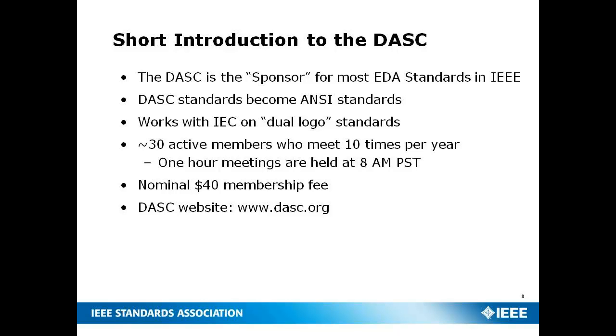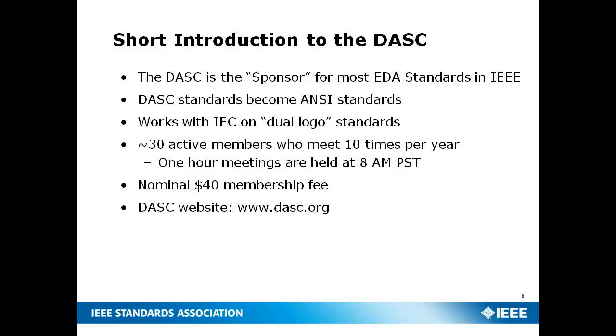One thing I should mention is that the IEEE DASC has international consequences. On the American level, anything that comes out of the DASC becomes an ANSI standard, very much like ANSI C. SystemC is also an ANSI standard. We also work with the IEC on dual logo standards.